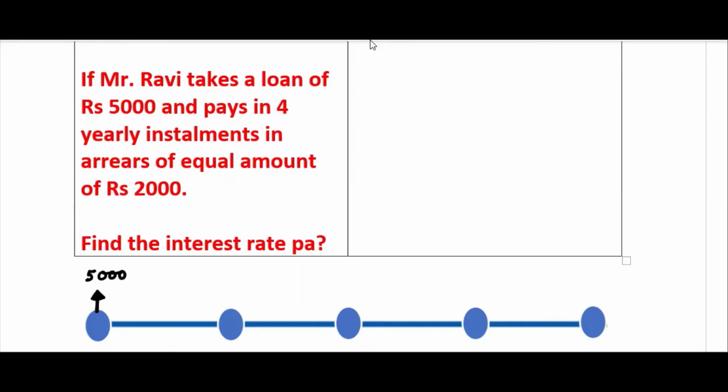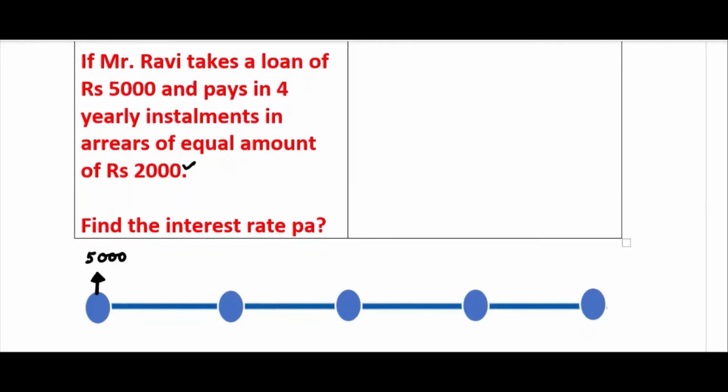Now if I am the one who is taking a loan from the bank, I have to pay 2,000. So I'll pay 2,000 here, 2,000 here. Let me write, I have to pay like this.